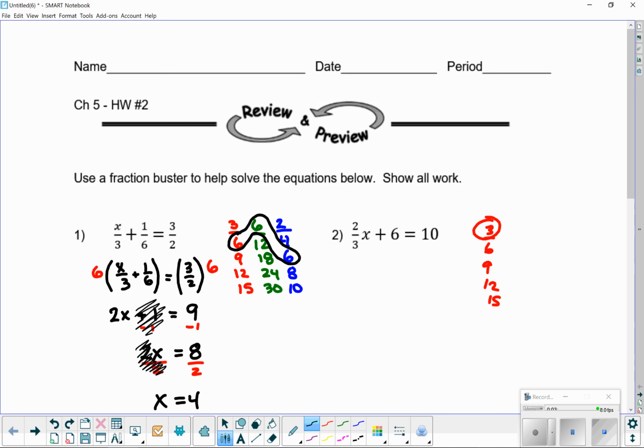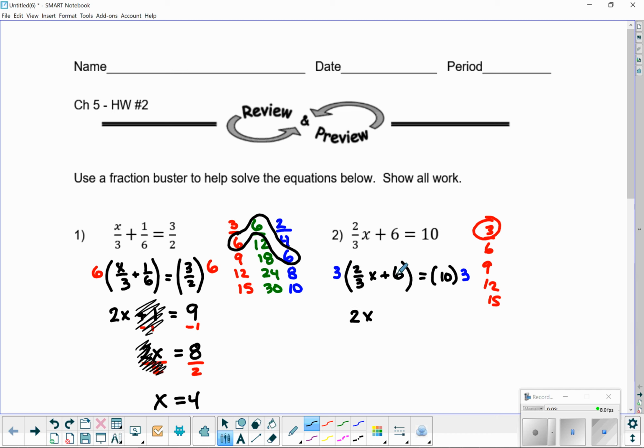So that 2/3 is going to be 2/3 x plus 6 equals 10. And I'm going to multiply both the left and right hand side by 3. Okay. So 3 divided by 3 is 1, and you still have the 2, and you still have the x, so this is going to give you 2x.